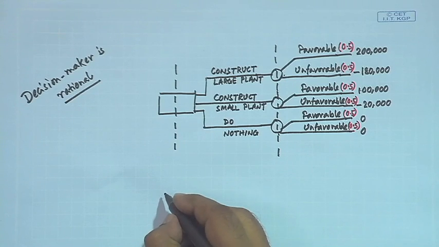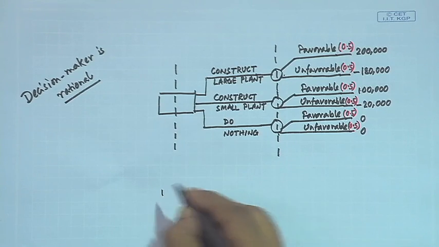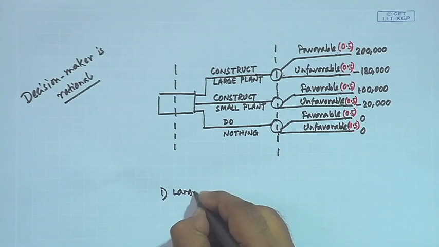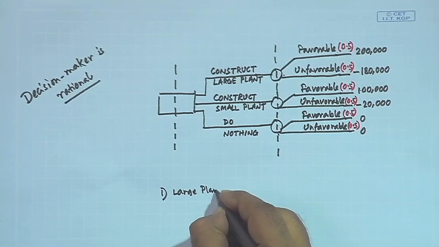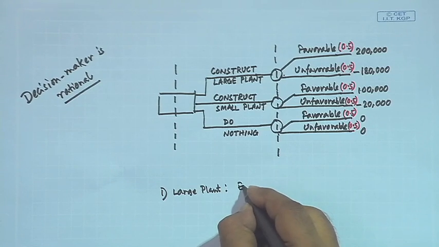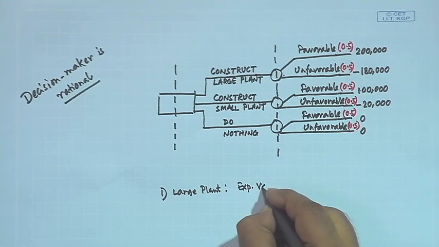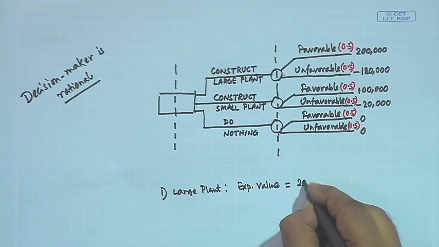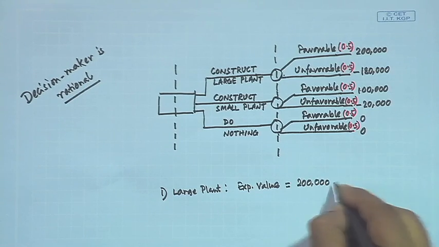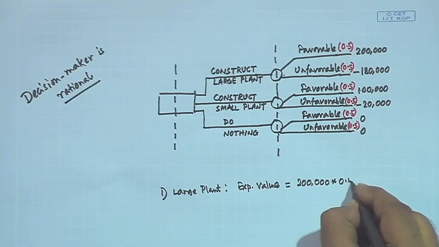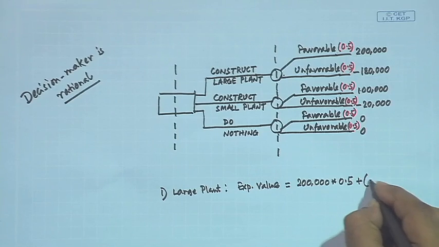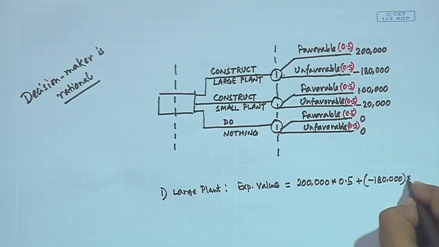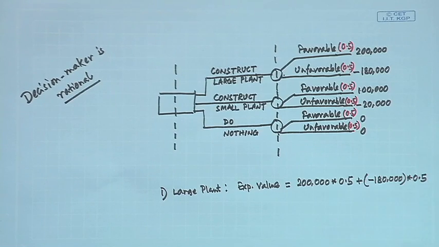Expected value for the first case, let us say case 1, that is for the large plant, would be 200,000 multiplied by 0.5 plus minus 180,000 multiplied by 0.5.